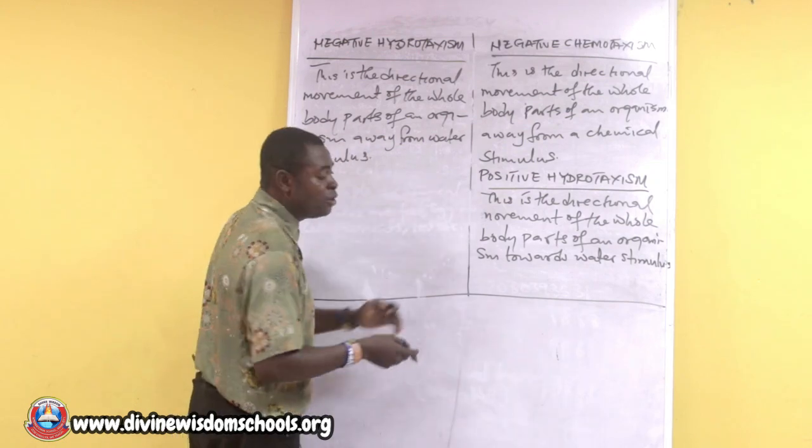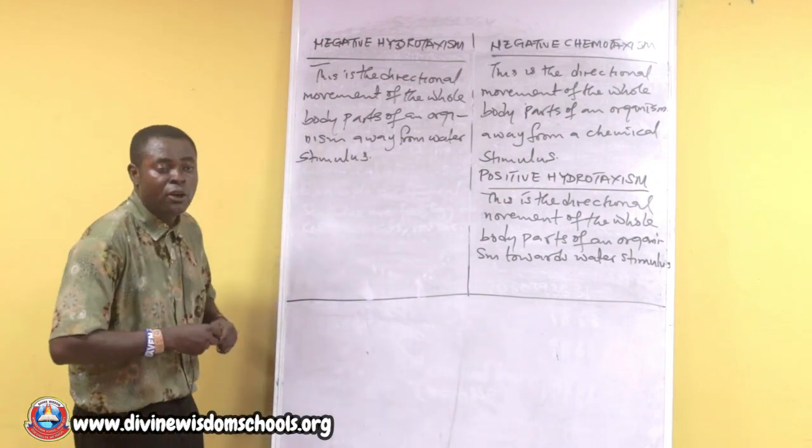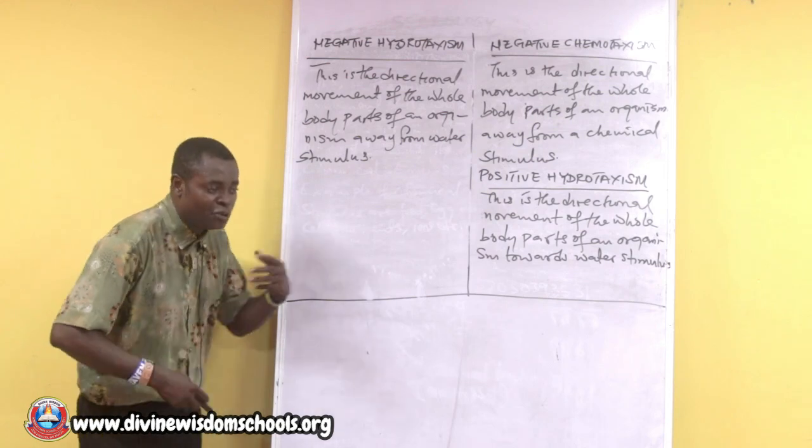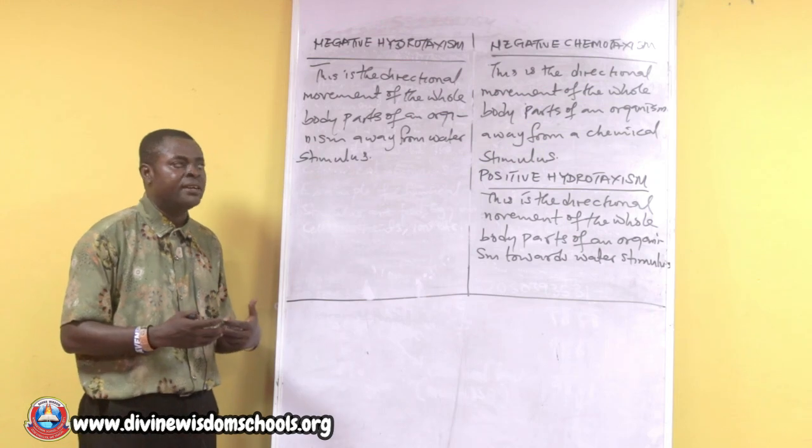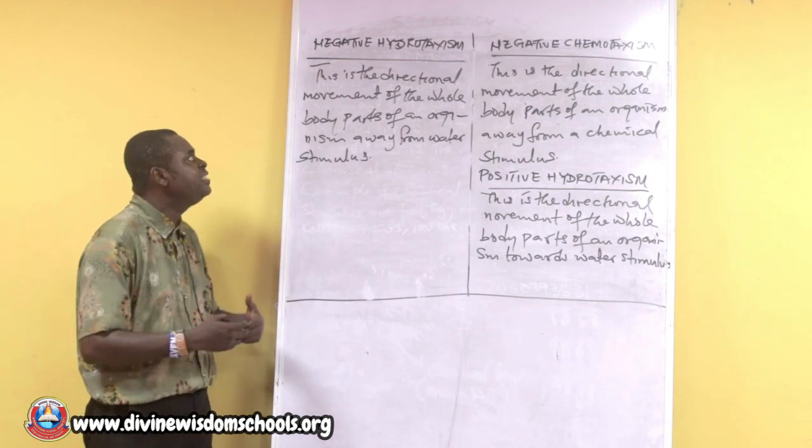That's the direct opposite of this one. If rain is falling and you are inside the rain and you begin to run away from the rain to a shed, you are running away from water. You are hydrophobic.